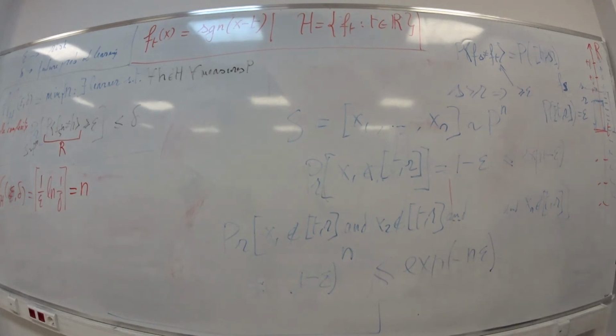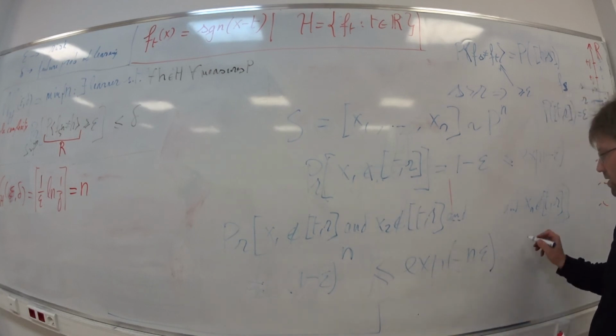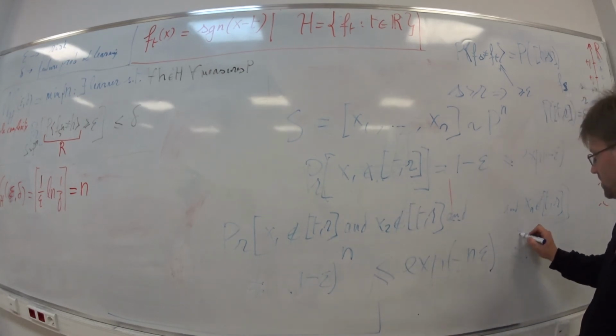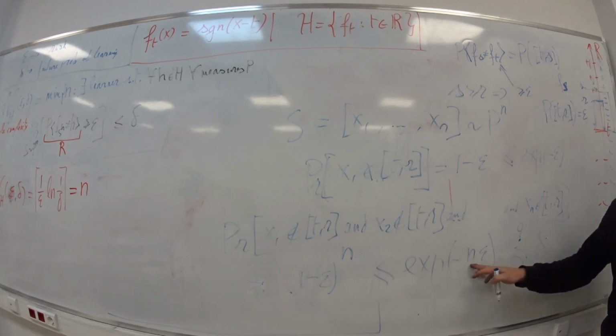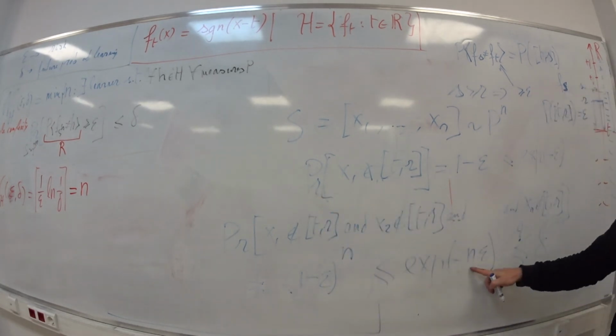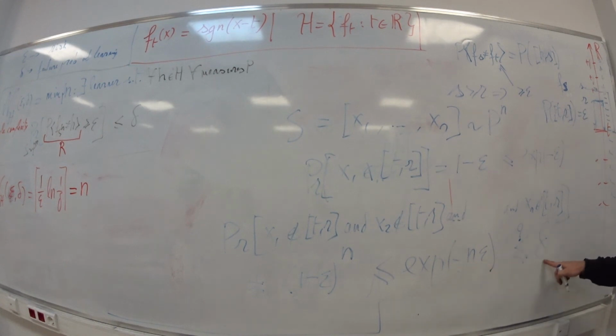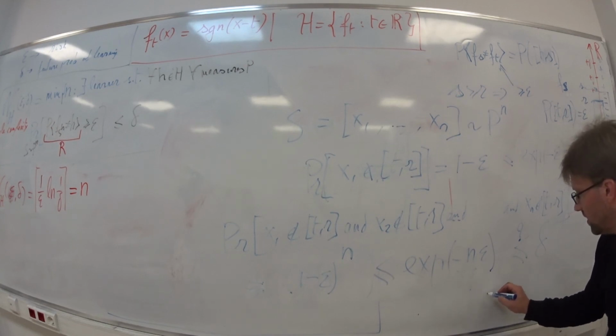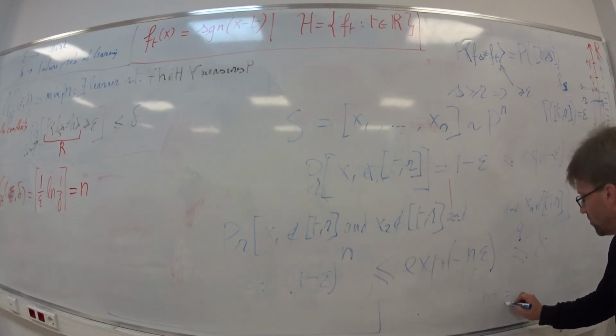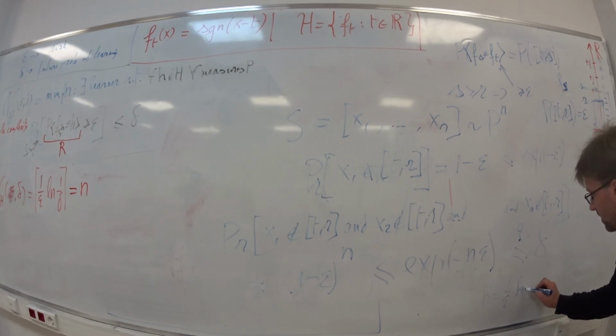Okay, now let us look. We want this to be smaller than delta. This is our question, and the question is, for our choice of n, is it true? So if we solve this for n, if we set it equal, then we find that n is equal to 1 over epsilon ln 1 over delta.